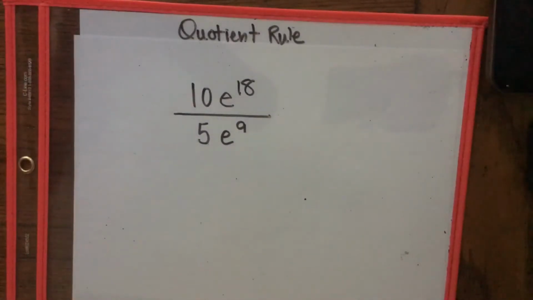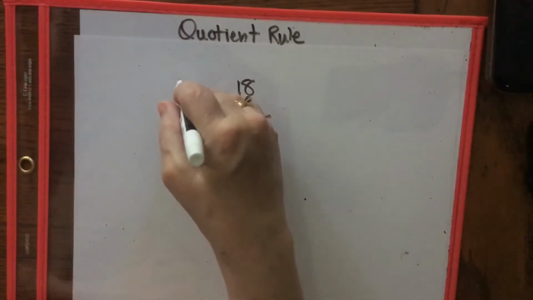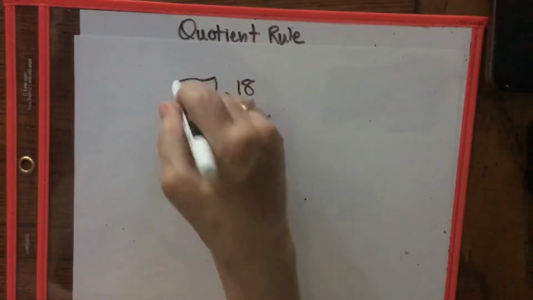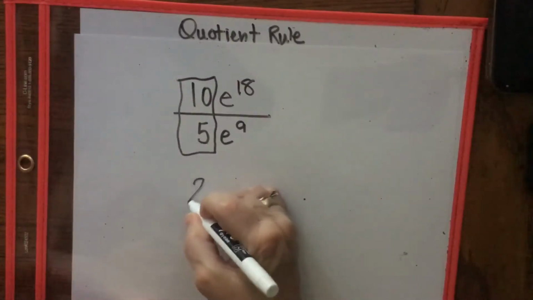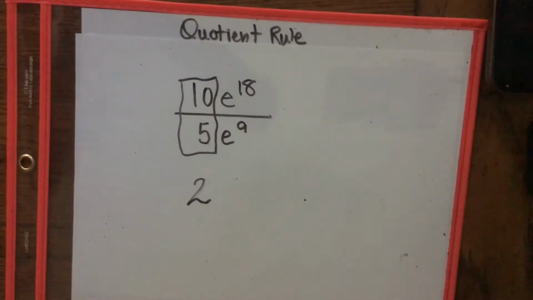We can't just simply subtract our exponents because the bases aren't alike. One of the nice things that we can do though is we can take this separately and just go ahead and divide it. 10 divided by 5 will give you 2. Okay, it's just that simple when the bases are not alike in this quotient rule. Okay, we can just go ahead and divide them like a normal problem.